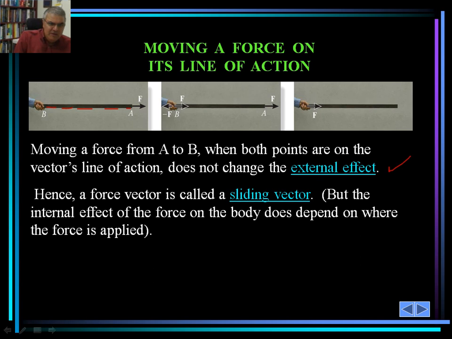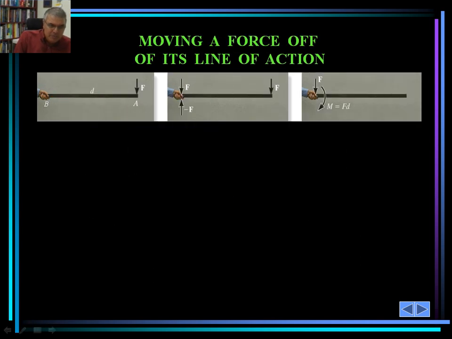That's important to realize. The second thing is that we can find a vector called a sliding vector, which is a replacement for that force vector. We call it the sliding vector.